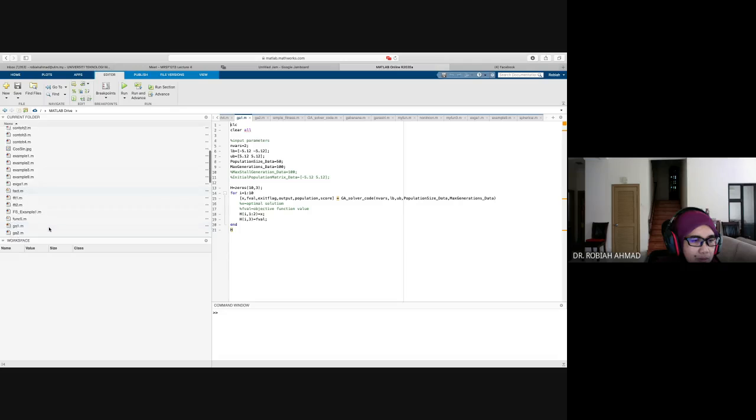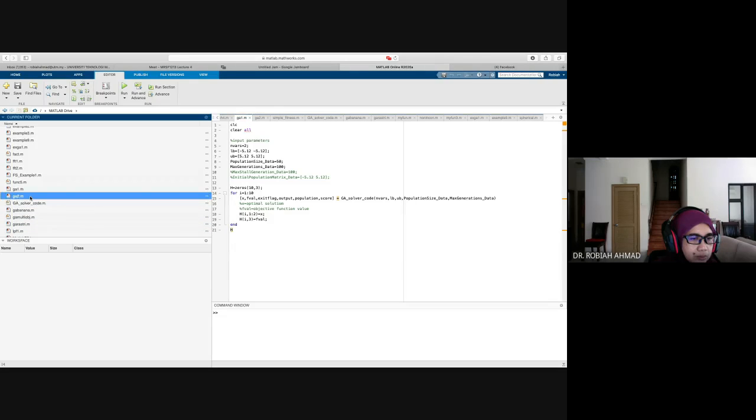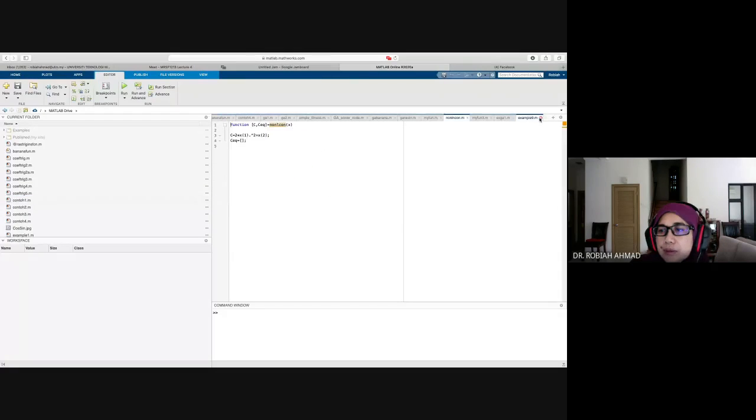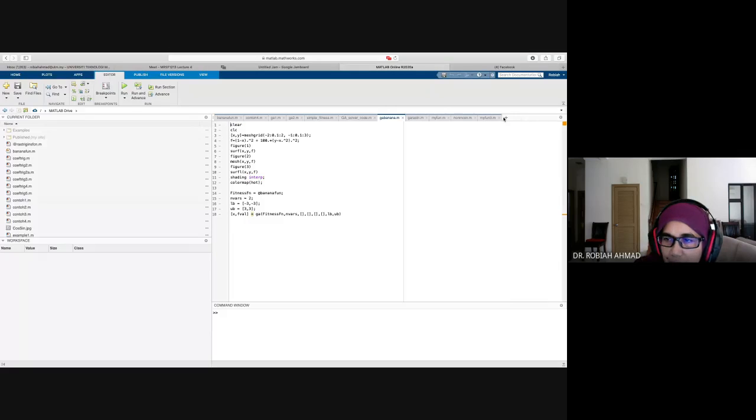This is TSL1. Okay, never mind. Let me close all the files here. So many files, and I get confused.